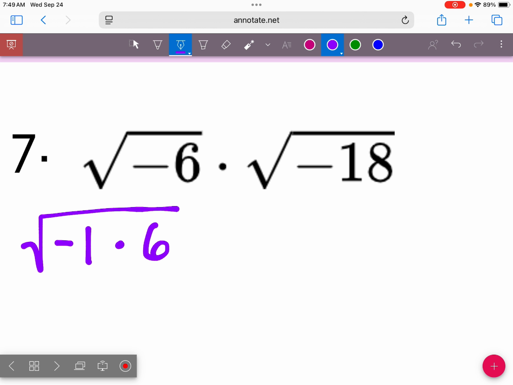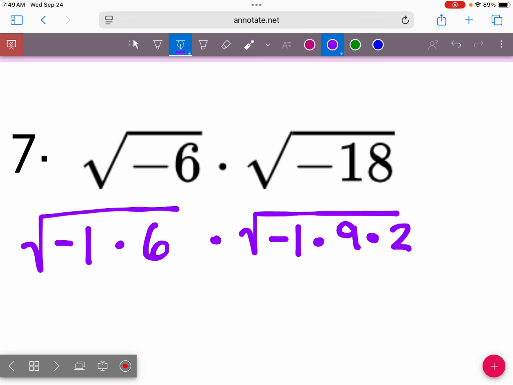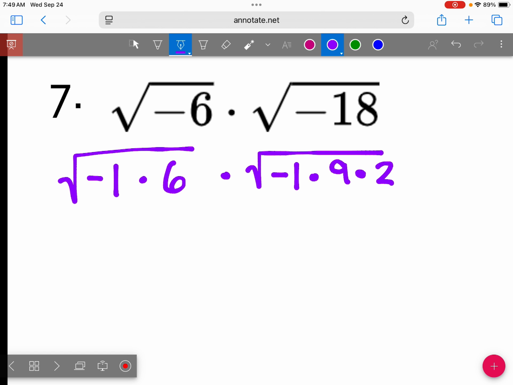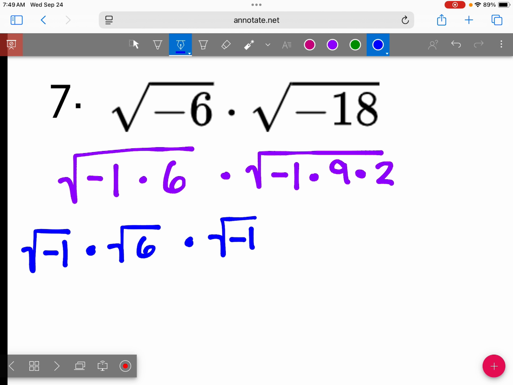I can split this out to be our -1 times 6 and our -1 times 18. But 18 can be divided by a perfect square. 9 times 2. So we can have our square root of -1 and our square root of 6 and our square root of -1 and our square root of 9 and our square root of 2.